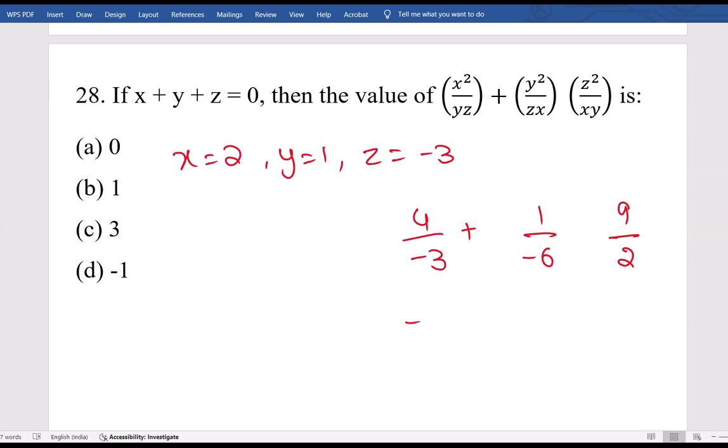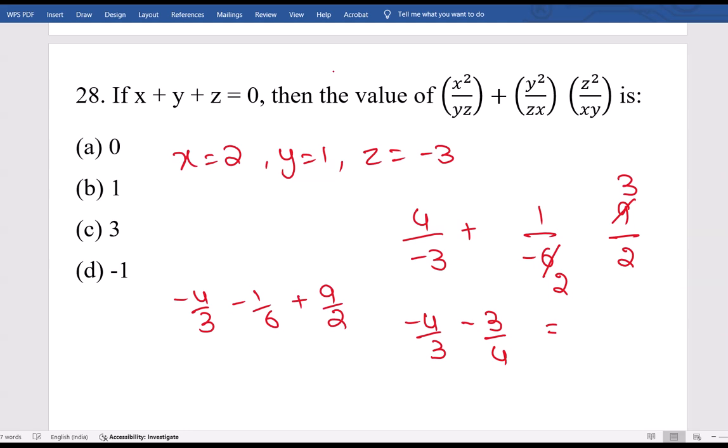So it's minus 4 by 3, and in fact this is 3 by 2 times minus 3 divided by 4, not okay. If it is separate, I'm just taking it in a separate way. Is that satisfying or not?